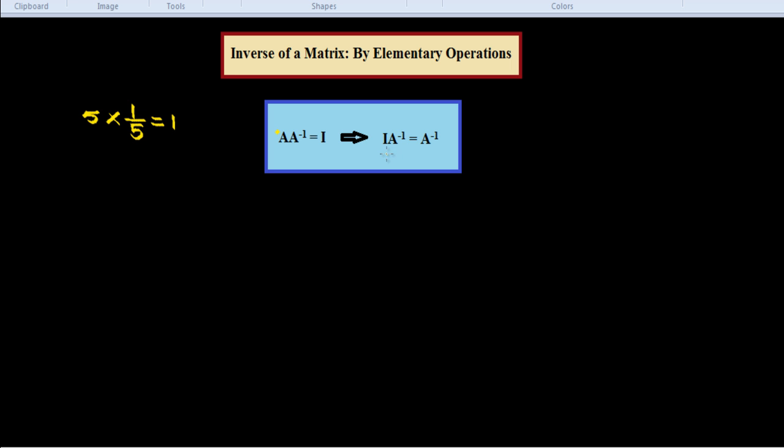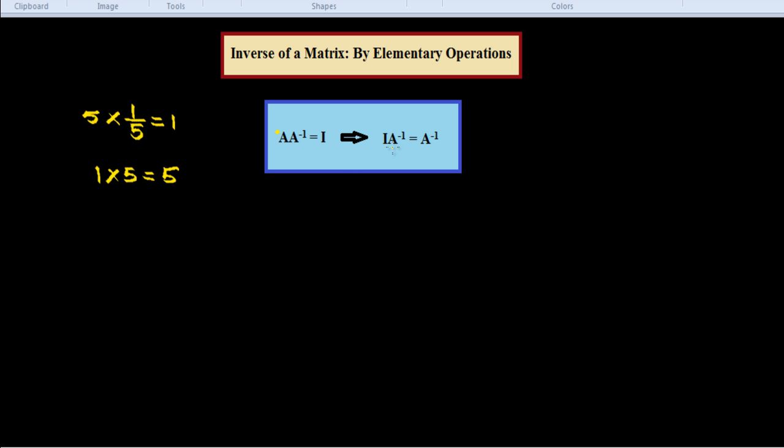And we have another concept. If a number is multiplied with 1, it always remains the same, because 1 is the multiplicative identity of a number. So if you multiply 1 into 5, it would be 5. It won't lose its identity. So 1 is the multiplicative identity.